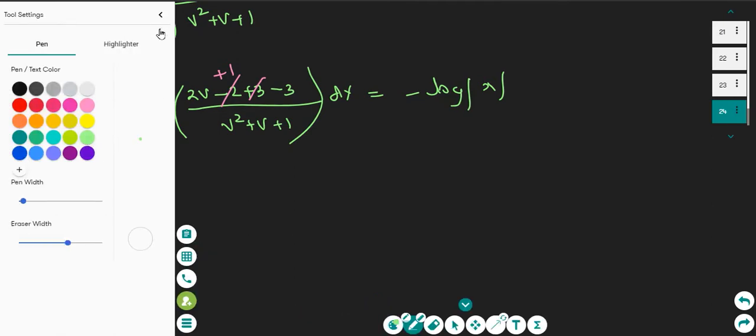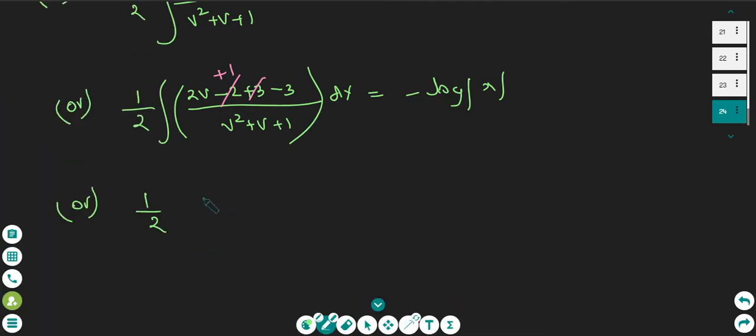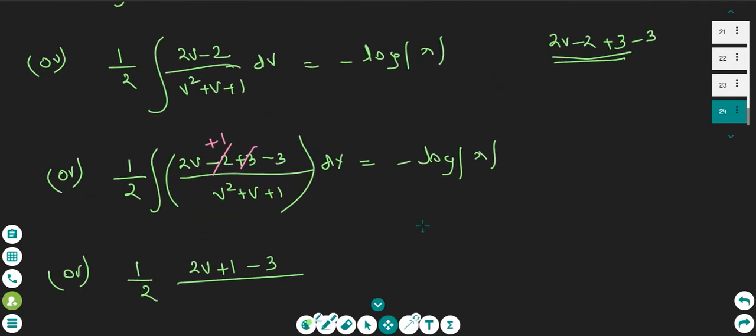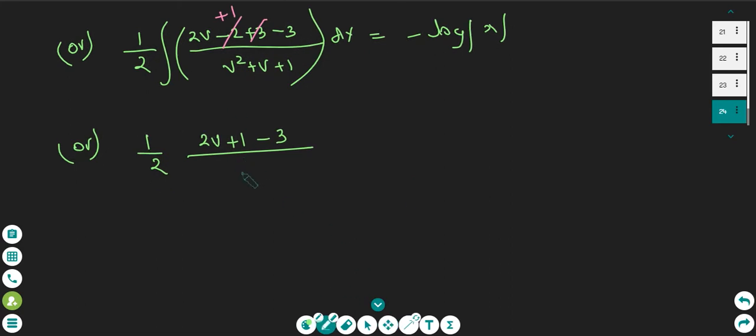So therefore I'll get 2v plus 1 minus 3. In fact, we can consider minus 2 as 1 minus 3. Okay, 2v plus 1 minus 3, over v squared plus v plus 1, the whole of dv, integrate, equal to minus log mod x. Okay, so now I can split this 2v plus 1 minus 3 into two parts.